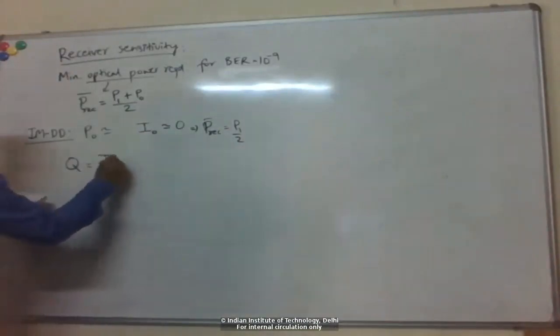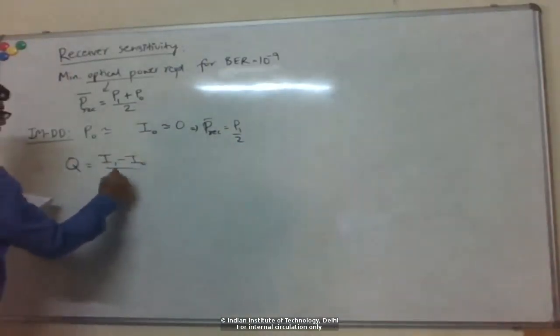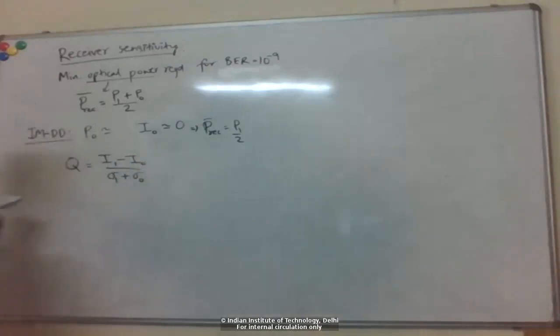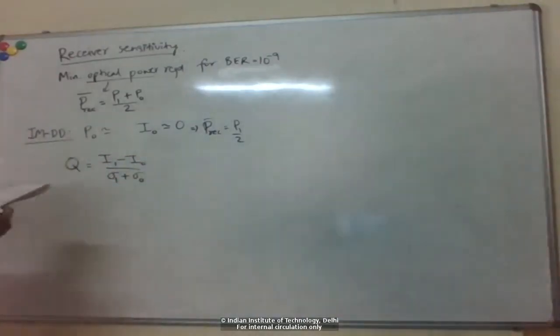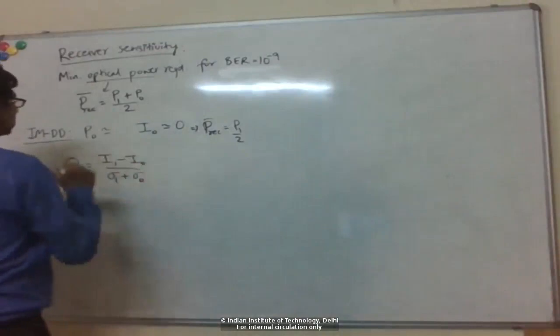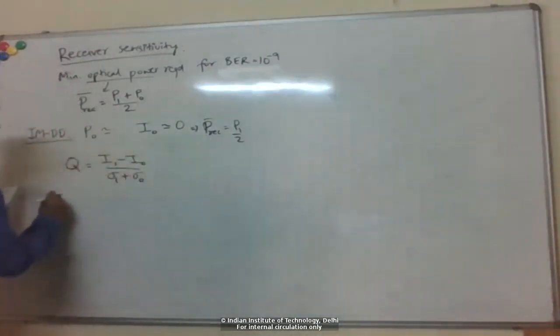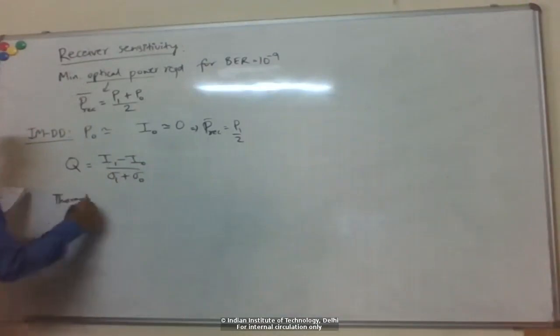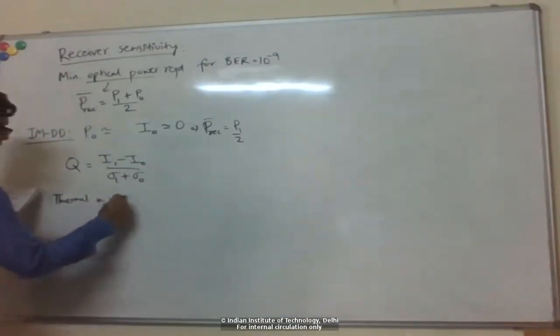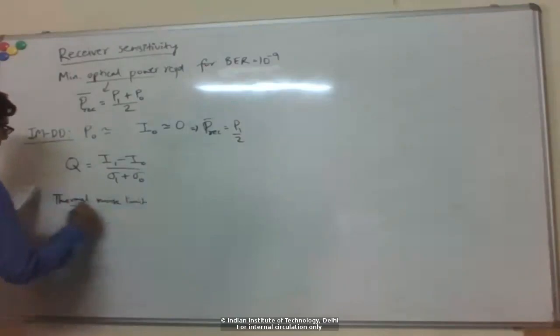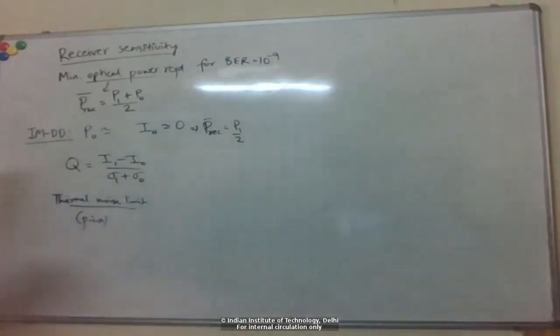This was I1 minus I0 by sigma 1 plus sigma 0. Again, I0 is 0. So now look at the thermal noise limit, typically where we are when we use photodetectors.